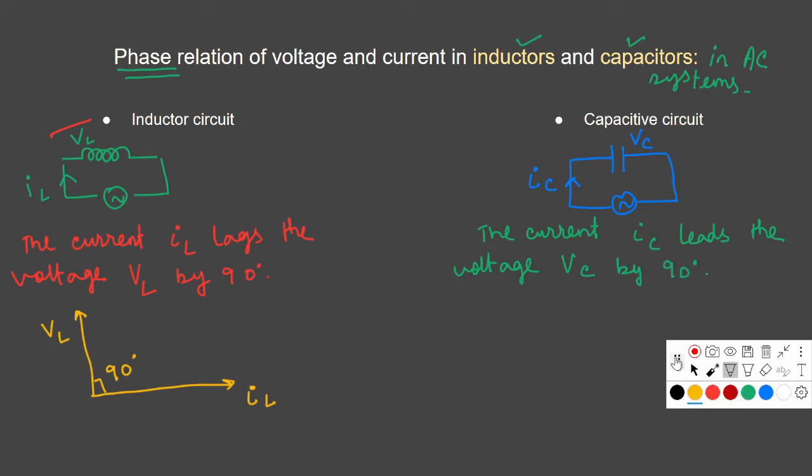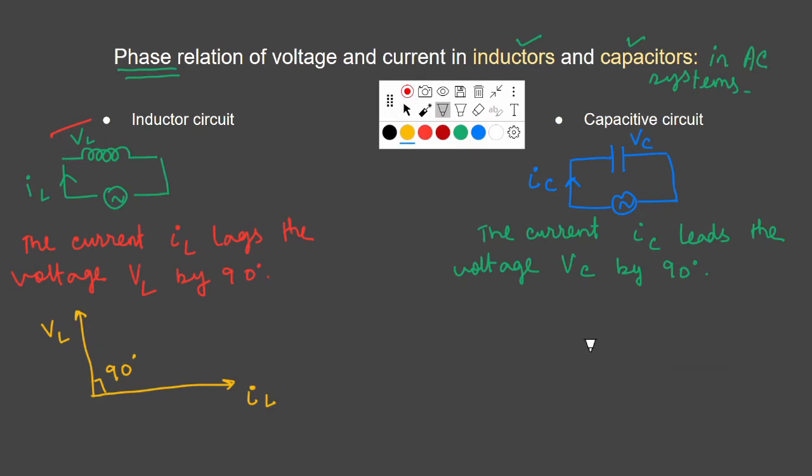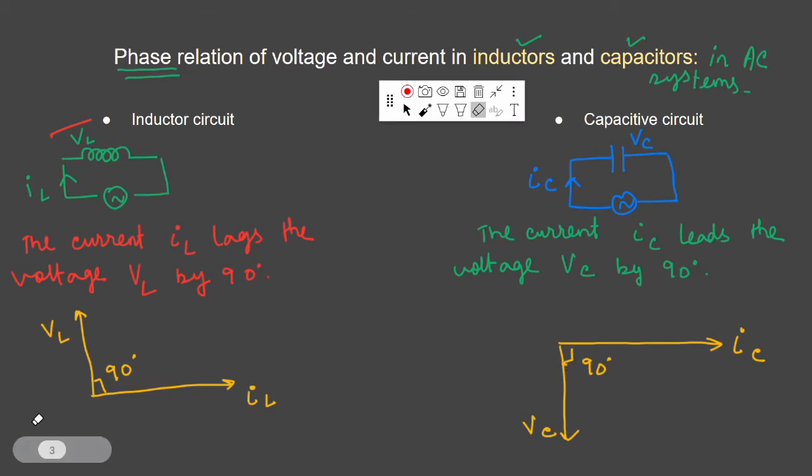If we try to draw the phasor diagram, it looks like this. Here is IC and here is Vc. This is 90°. In the case of resistors, the current and the voltage are in phase. So the reactive power term comes only in the case of an inductor and a capacitor.